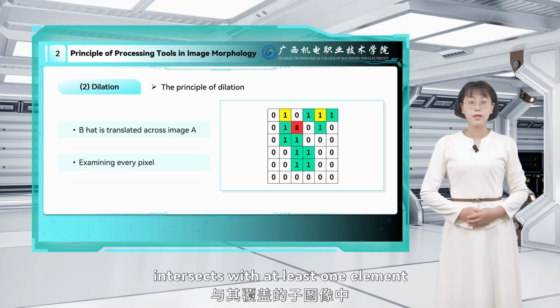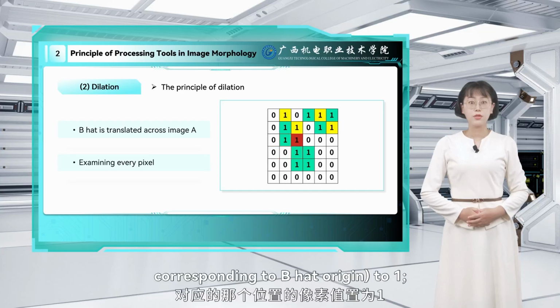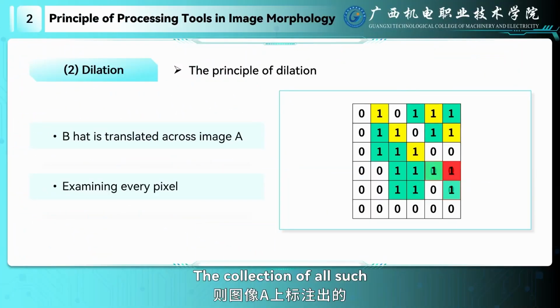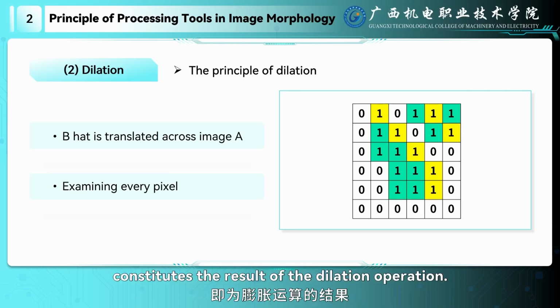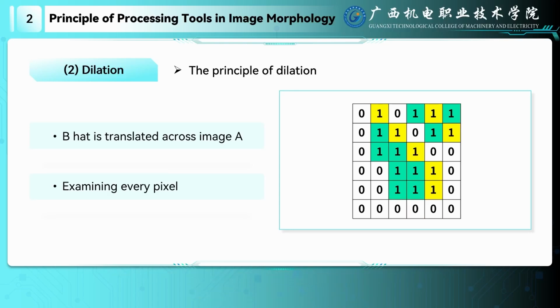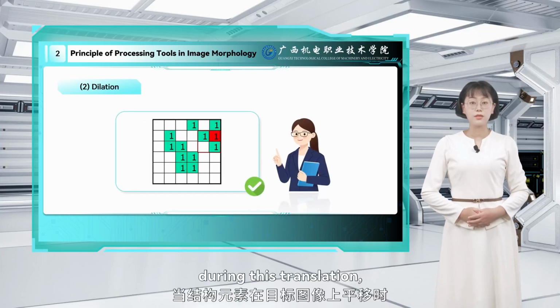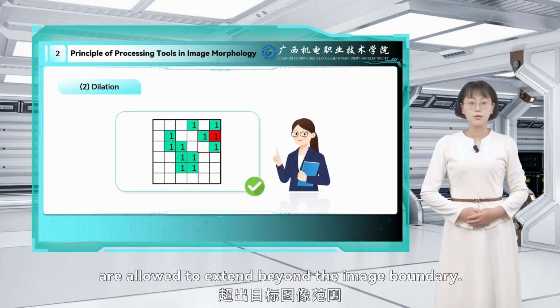If any part of B hat overlaps with white pixels in A, the pixel in A corresponding to B hat's origin is set to 1, otherwise, it is set to 0. The collection of all such marked pixels in image A constitutes the result of the dilation operation. It should be noted that, during this translation, non-origin pixels of B hat are allowed to extend beyond the image boundary.